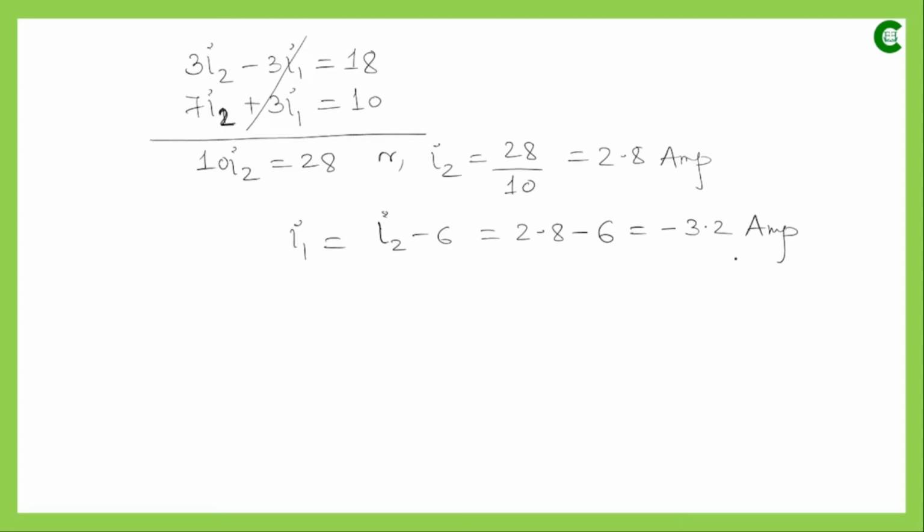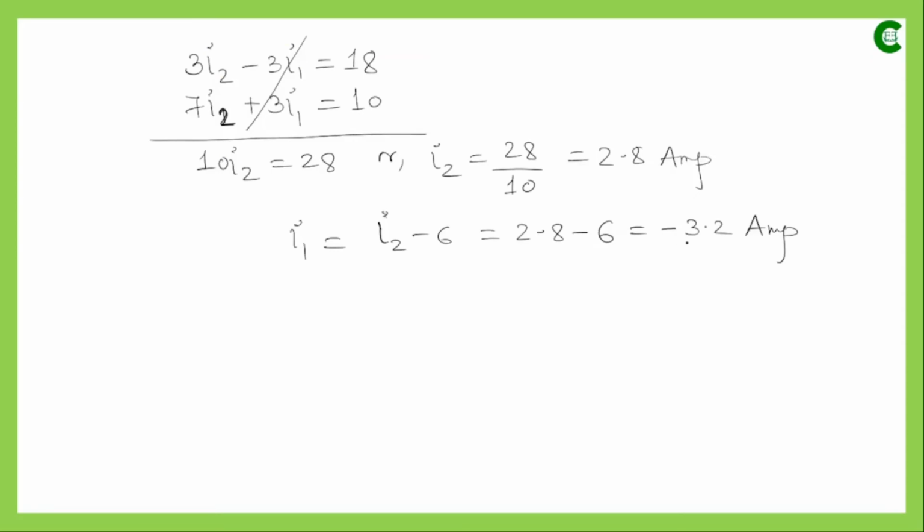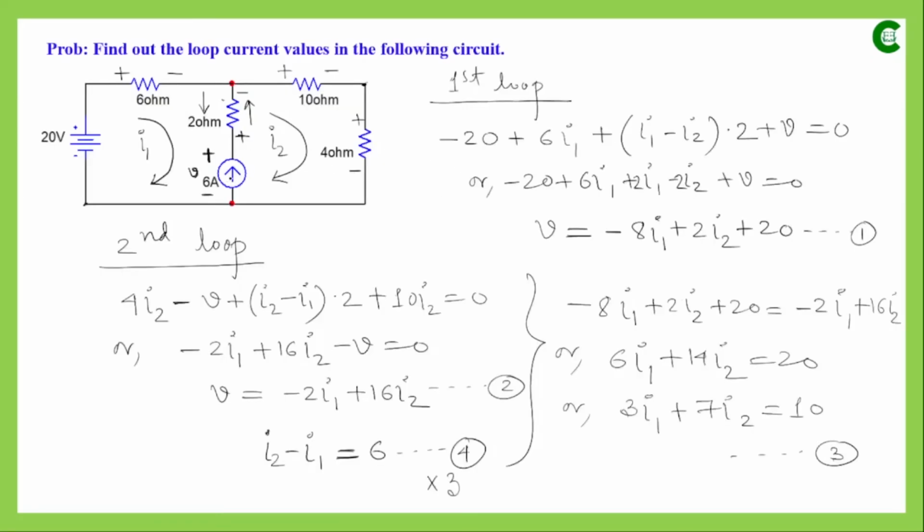So our conclusion is that I1, which we assumed in the beginning to be the current flowing in this loop in the clockwise direction, we have got as minus 3.2. That means actually this I1 in the first loop is flowing in the anti-clockwise direction.